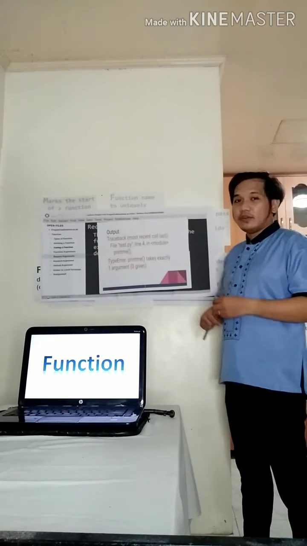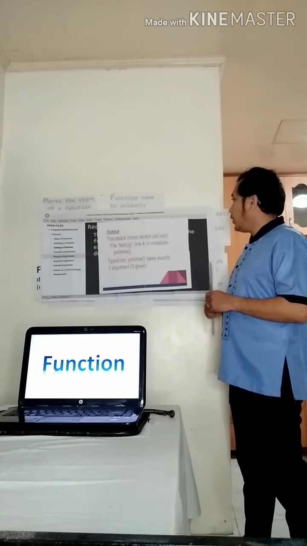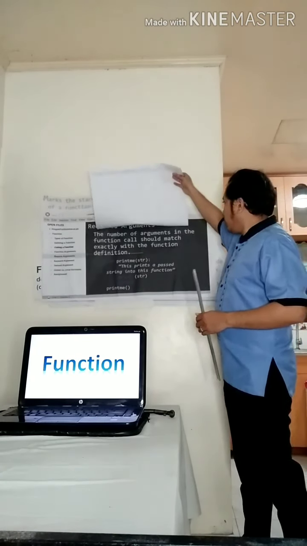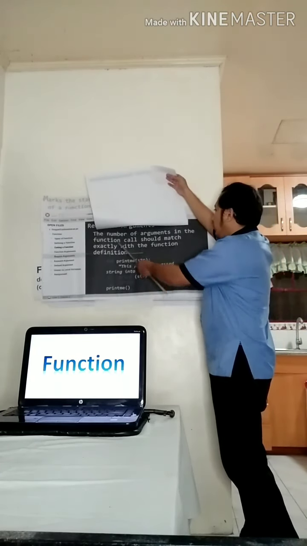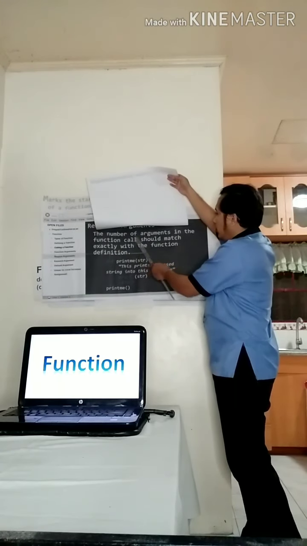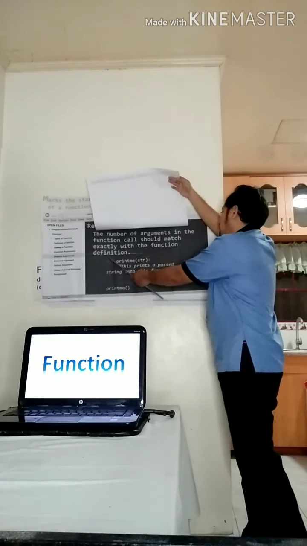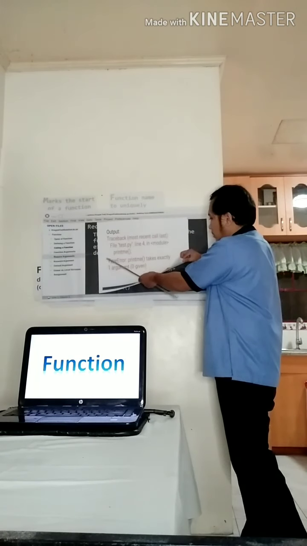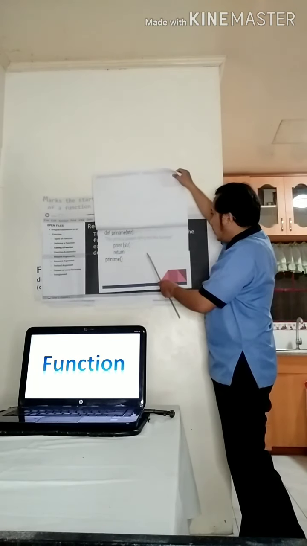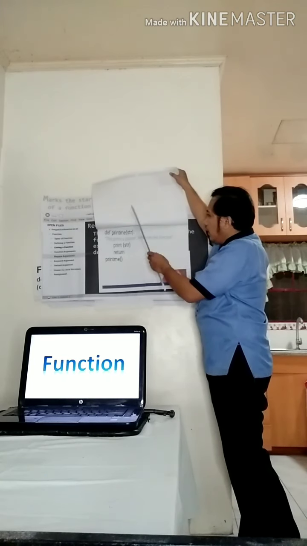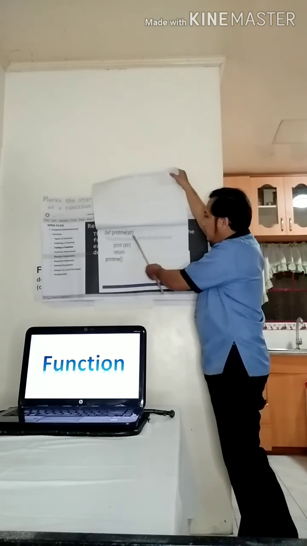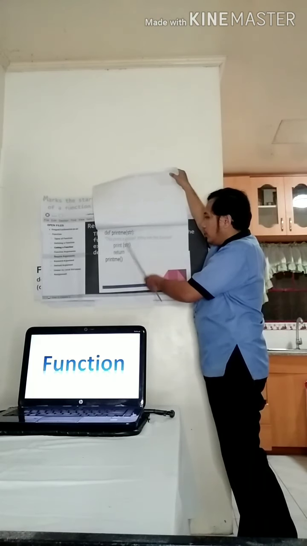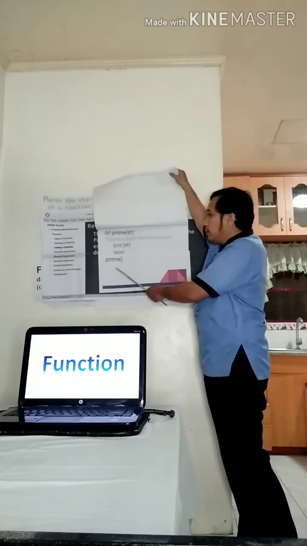So why is it an error? Because the number of arguments in the function call should match exactly with the function definition. We defined the function with one parameter. However, when we called the function, we didn't put in a parameter.